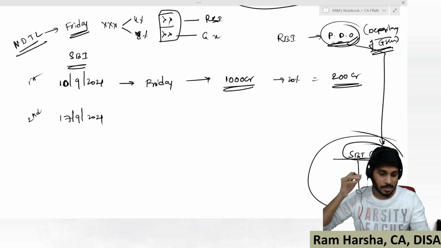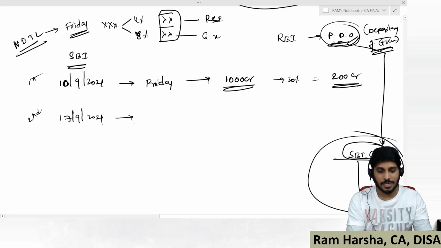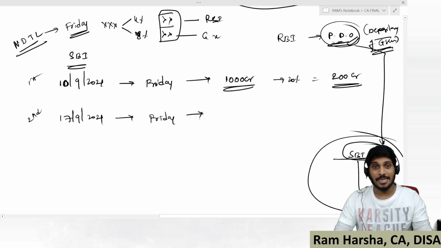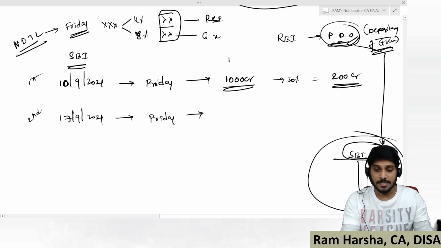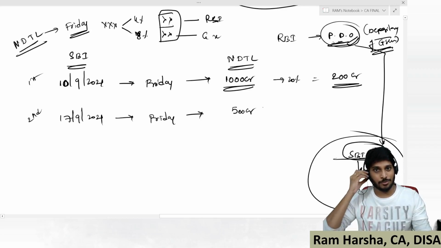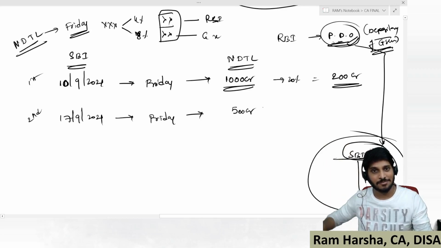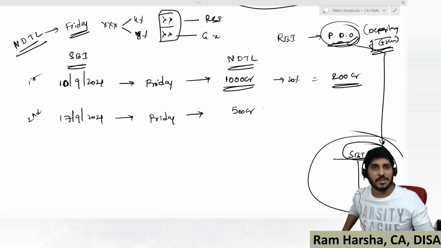Understood? Now on 17th September, which is also a Friday, let us assume the net demand and time liability balance has come down to 500 crore. Many customers have withdrawn cash.